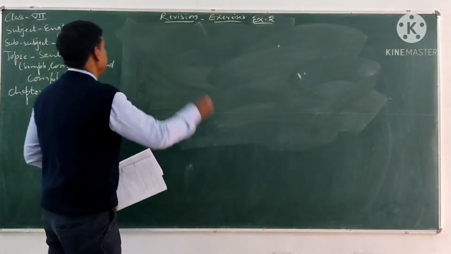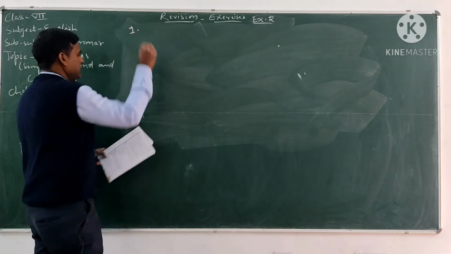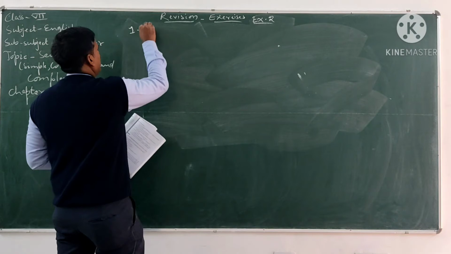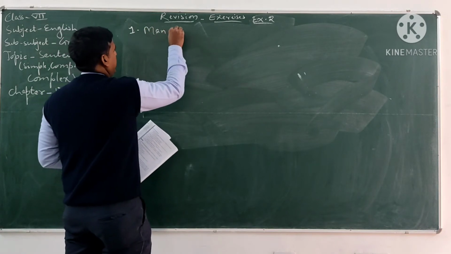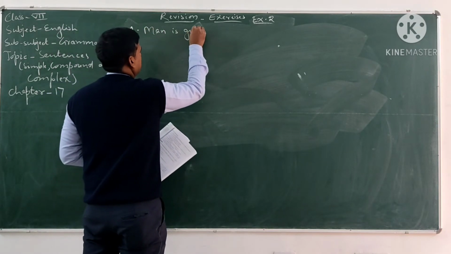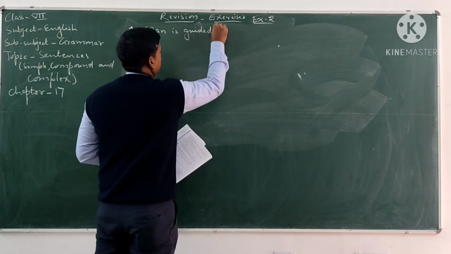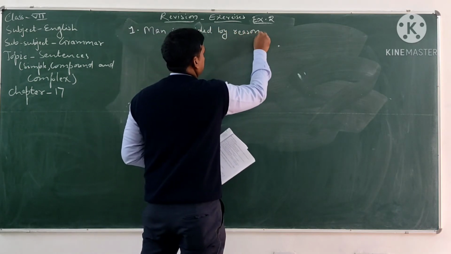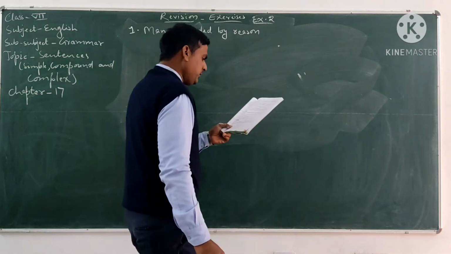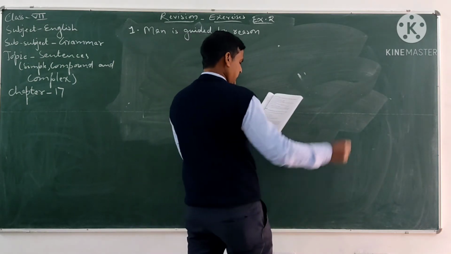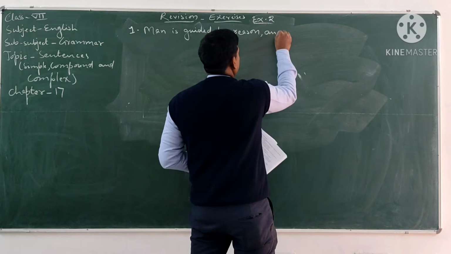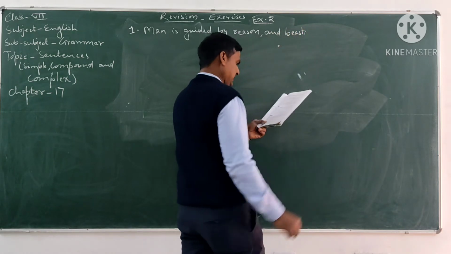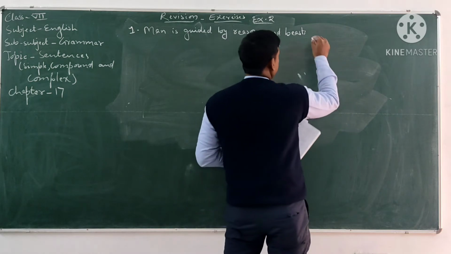So the first sentence is, man is guided by reason and beasts by instinct. Man is guided by reason, and beasts by instinct.